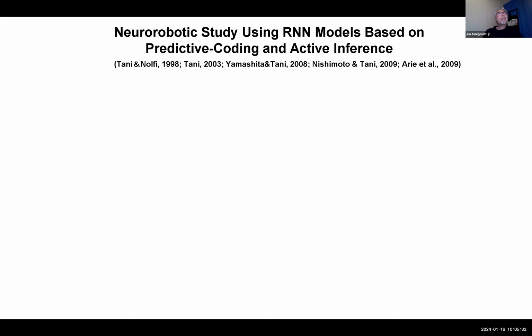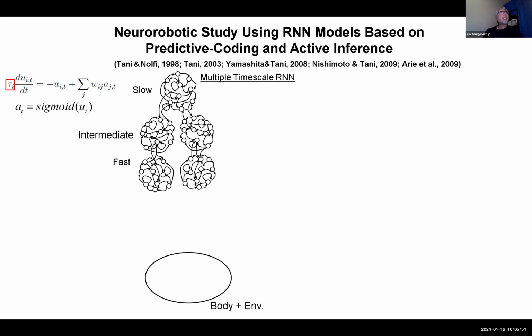My group has worked on concepts analogous to predictive coding and active inference for, I would say, more than 25 years. I'd like to briefly introduce the idea. I used to work on continuous time recurrent neural networks, but hierarchically organized.